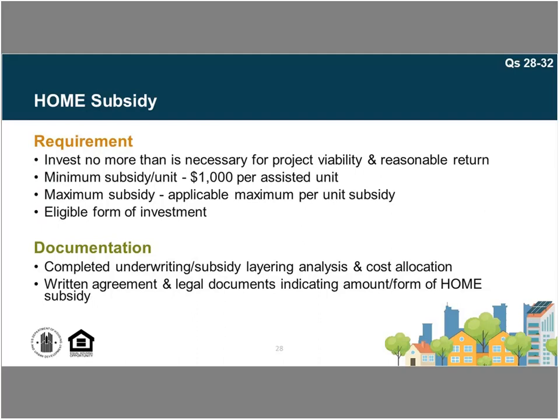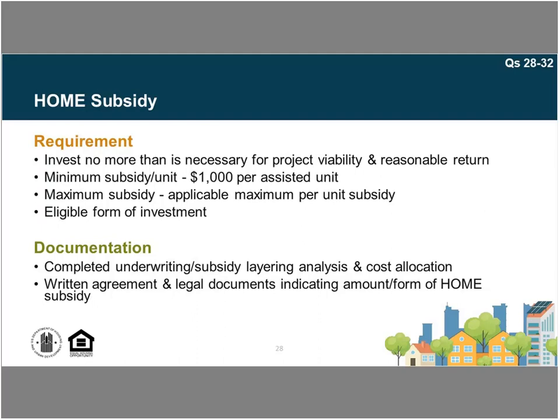The eligible forms of investment are quite broad. Under the HOME rule, 92.205(b) identifies a whole range of things that you can do, including investing those funds as equity contributions, doing interest-bearing loans, no interest loans, deferred loans, grants, other kinds of investments that have been approved by HUD.